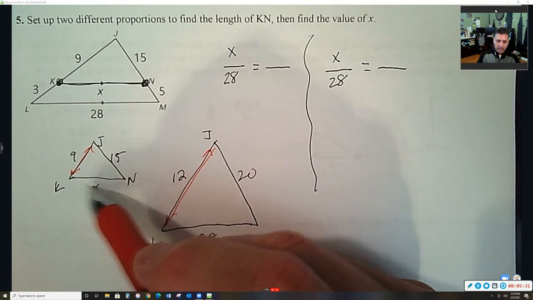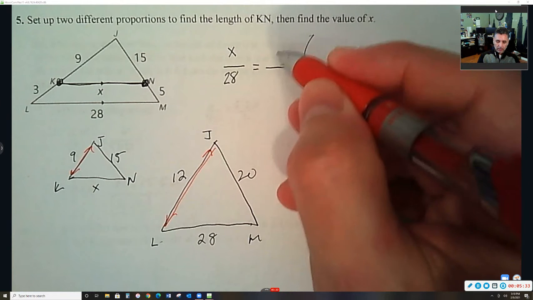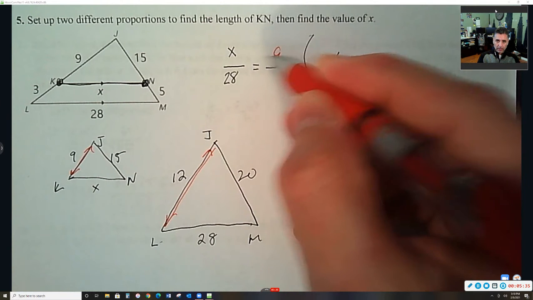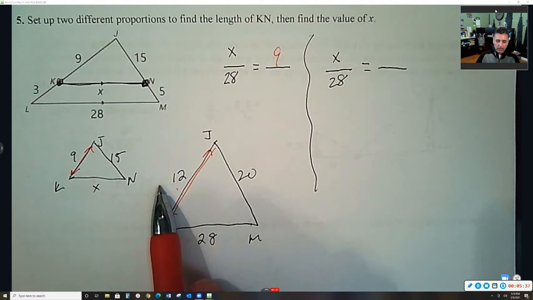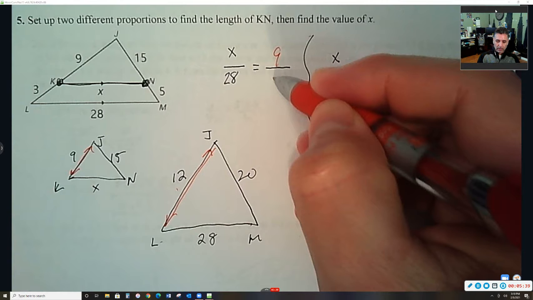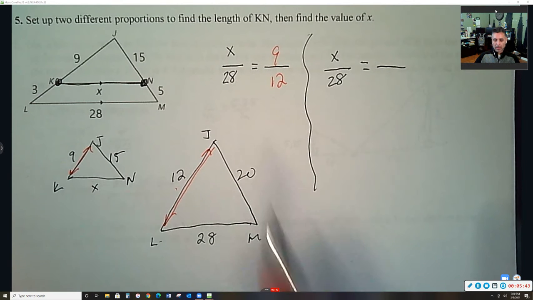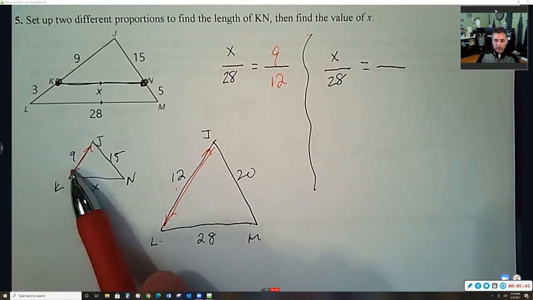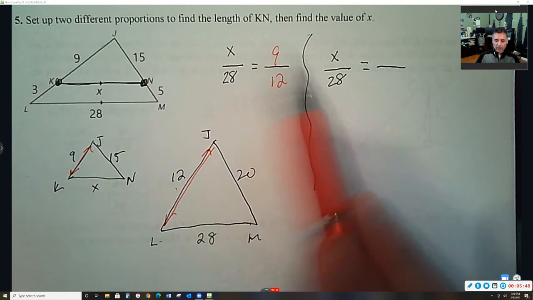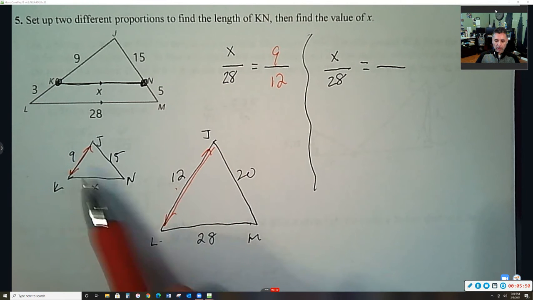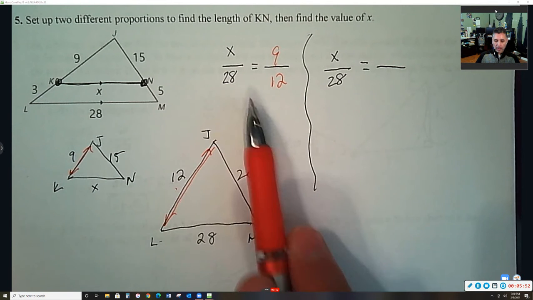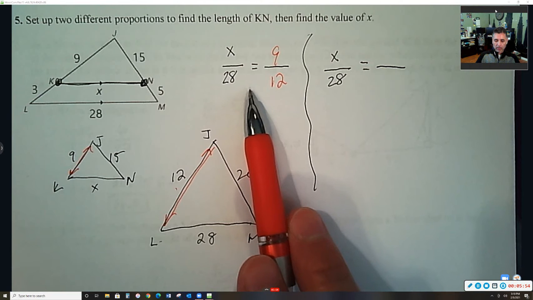The 9 and the x go together, and the 9 and the 12 also go together. The top ones are both coming from the left triangle, and the 9 and the 12 are corresponding. So that's one proportion you can use to solve this.